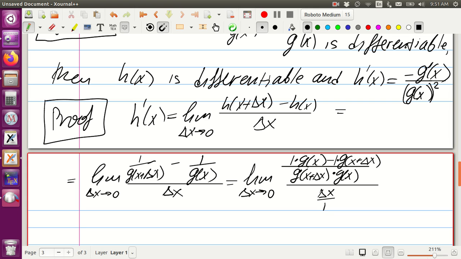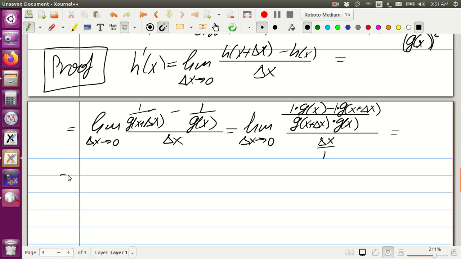Let's do the simplification part. So we say equal, limit, delta x still goes to 0. What's going on in here?